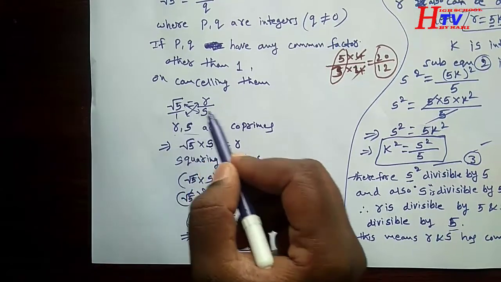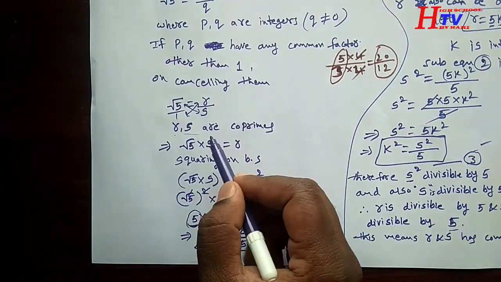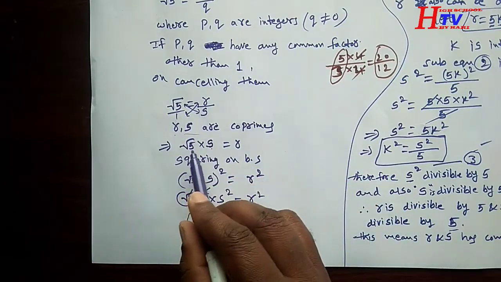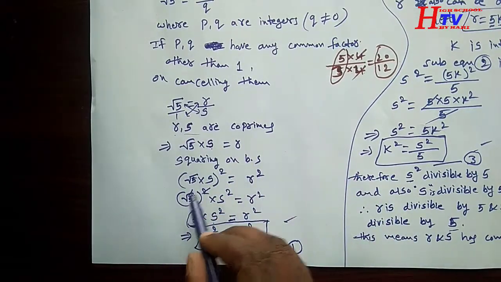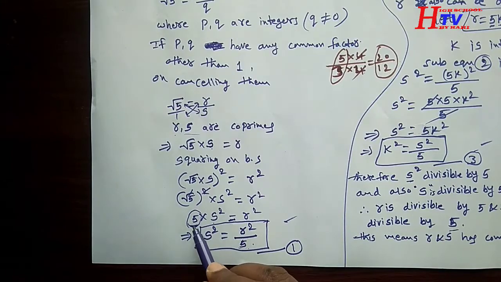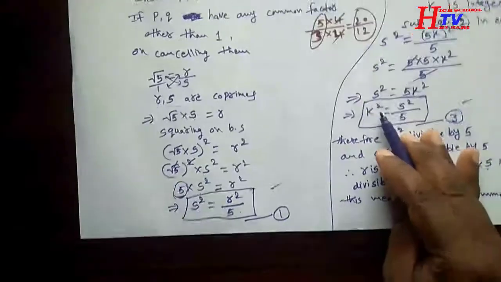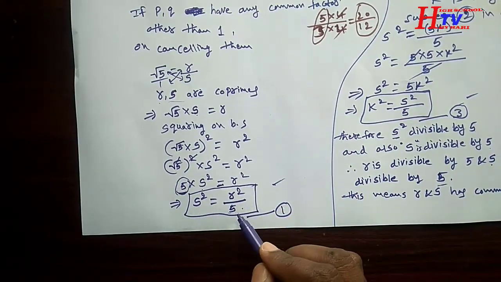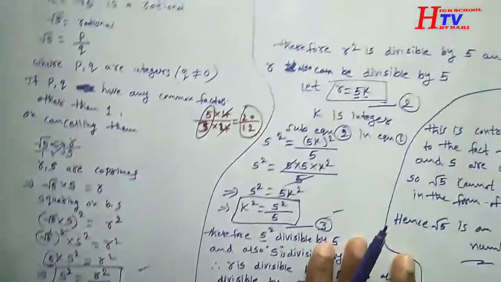Root 5 by 1, cross multiplication, where r and s are co-primes: root 5 into s is equal to r. Squaring on both sides and cancelling, 5 into s square equals r square, s square equals r square by 5. It is equation number 1.